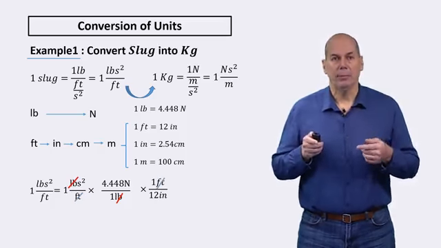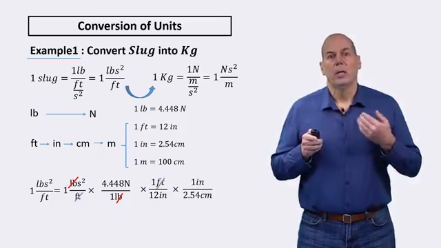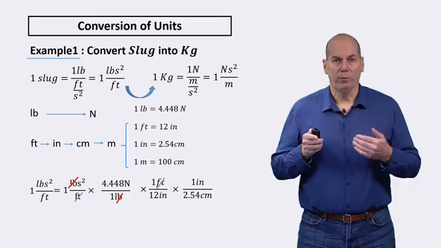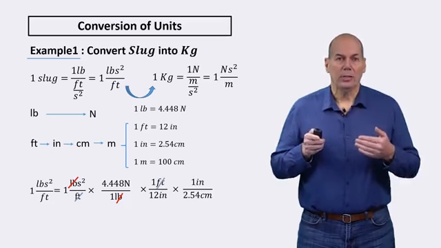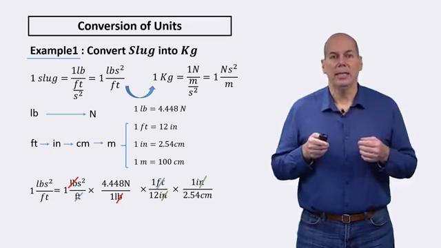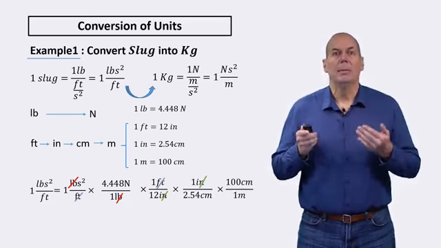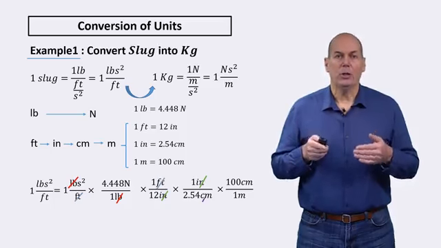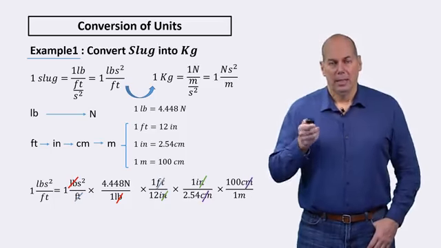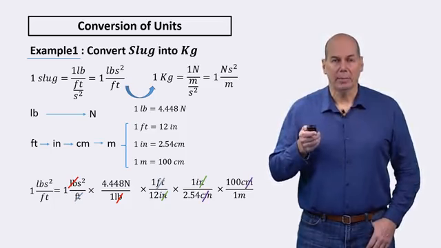Similarly, in the next step, we multiply with 1 inch per 2.54 centimeters, which allows us to eliminate the inches. In the last step, we multiply with 100 centimeters per meter, which allows us to eliminate the unit of centimeter.